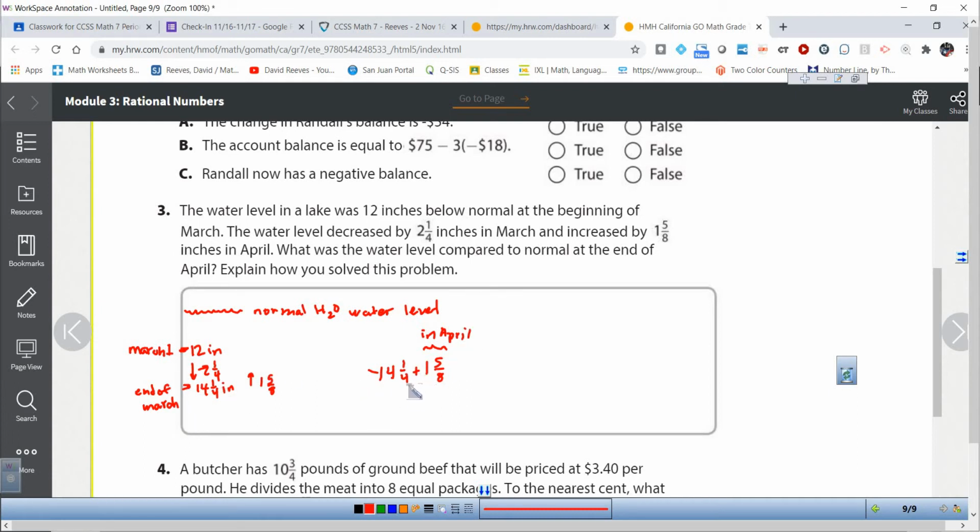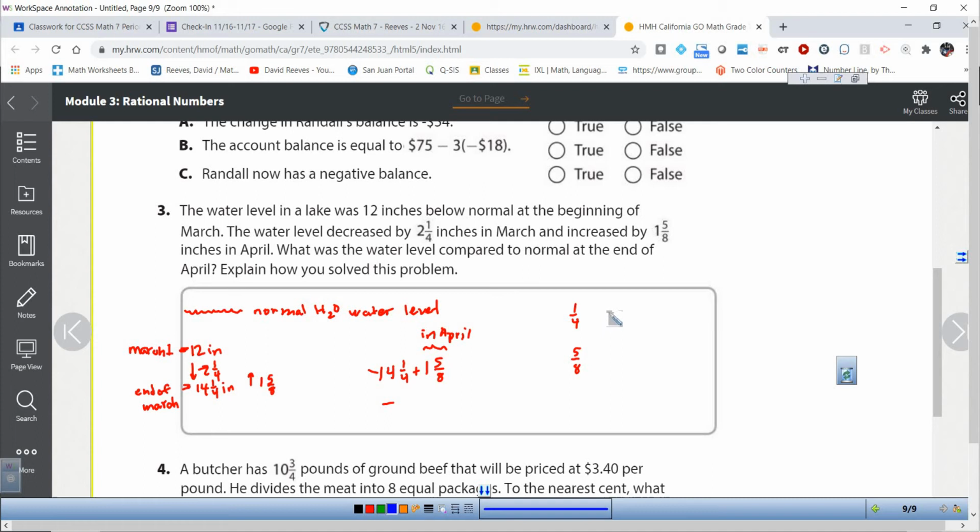All right, I want to add these together. What do I have more of? I have more negatives, so when all is said and done, we're still going to be below the normal water level. I want to add these together, but I need a common denominator, right? So I have 1/4 and I have 5/8. What do 4 and 8 both go into?